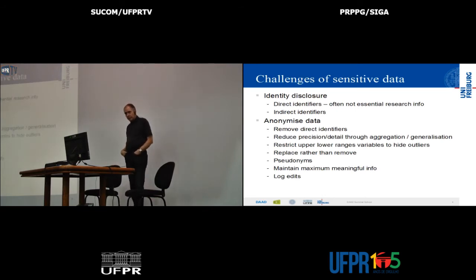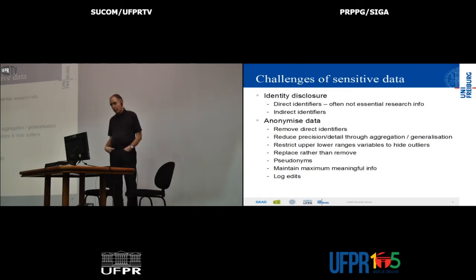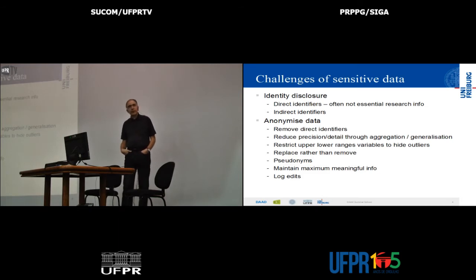Identity disclosure is probably a bad thing. It may not be essential research information, but it may be embarrassing for the person. And we see some examples in a moment, especially when it comes to health data. In case you have some health problems, do you really want everyone to know about that?